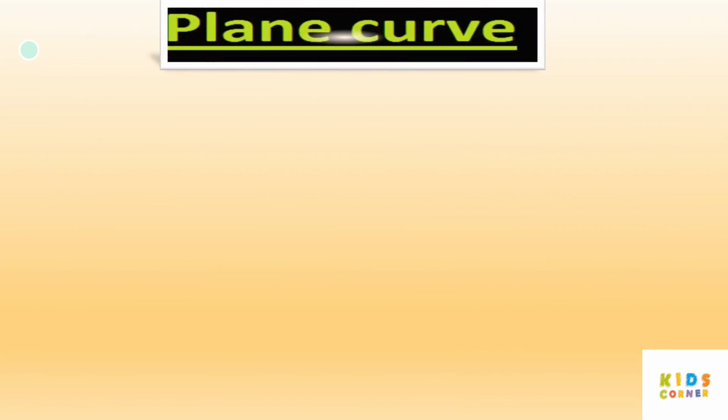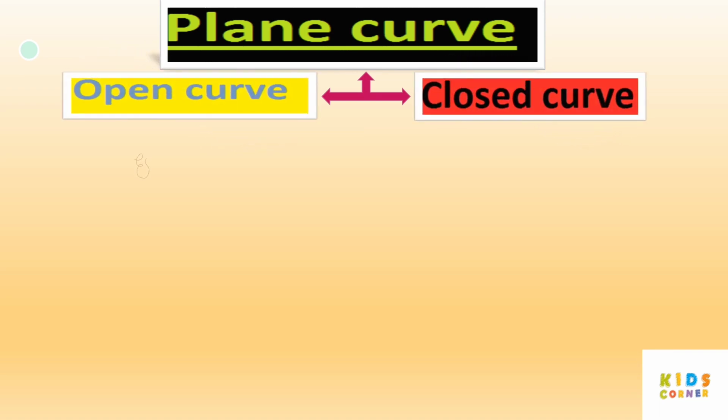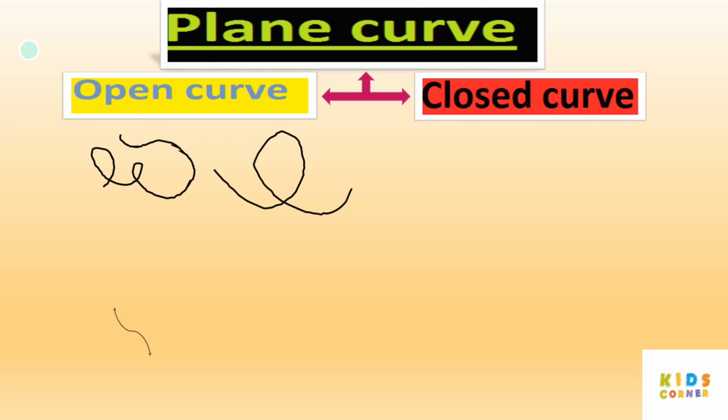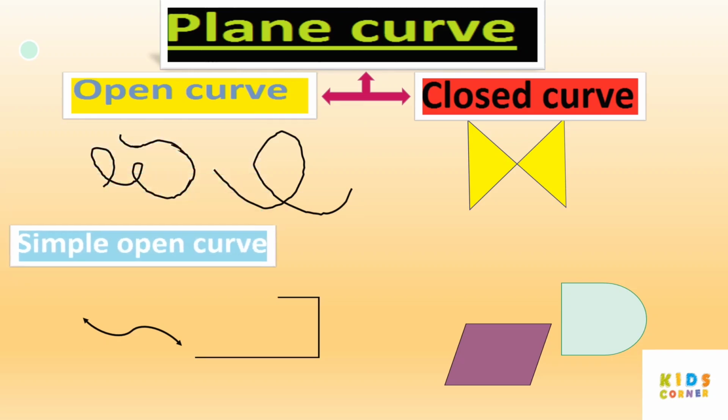Plane curve is broadly classified into two types: open curve and closed curve. Open curves are those shapes whose starting point and ending point do not meet each other, whereas closed curves are those shapes whose ending point and starting point do meet each other.